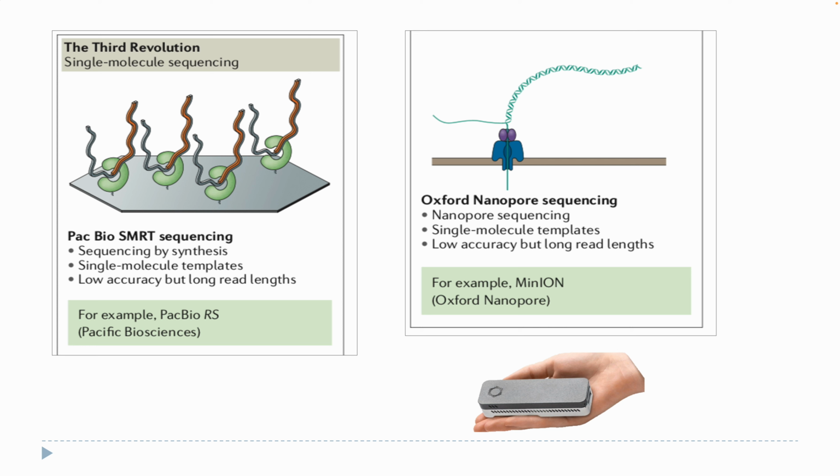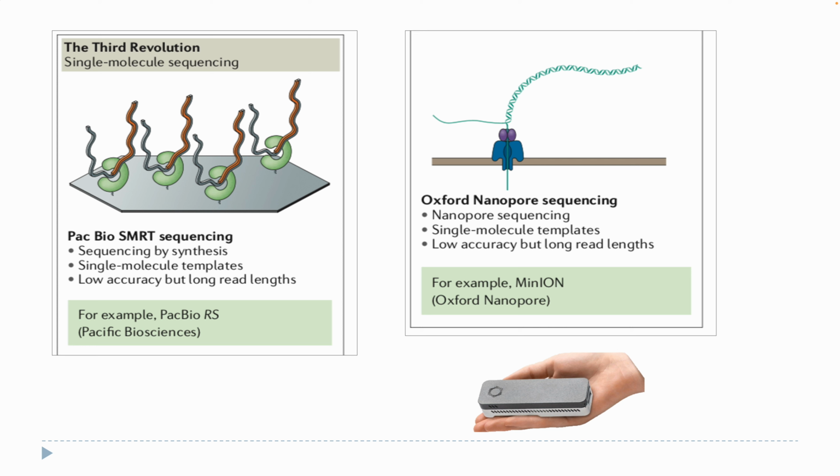Problem: it had low accuracy but long read lengths, and the other problem was that the instruments were huge. I mean, there was a video going around in the early days of a huge great truck having to deliver one of these instruments, and they had to smash the window in and take the window out of a lab and winch this thing in. Things have got a bit better since then.